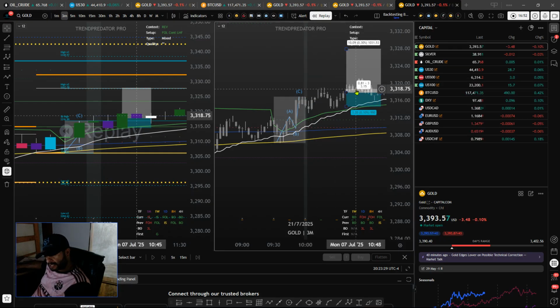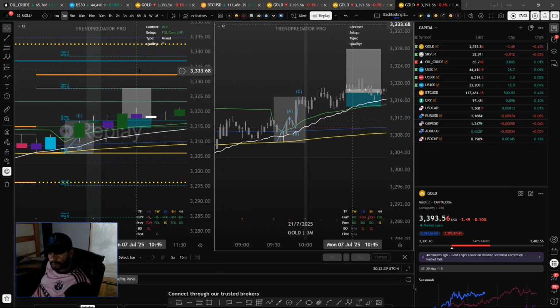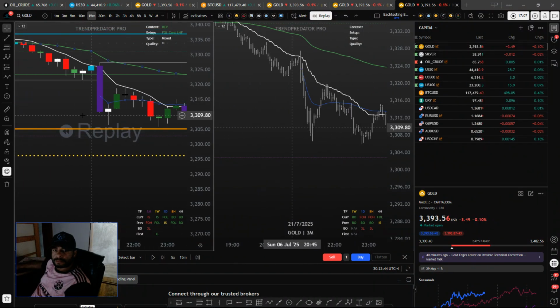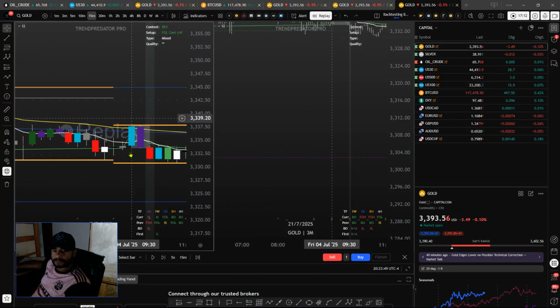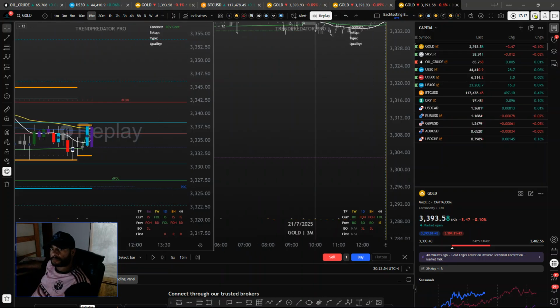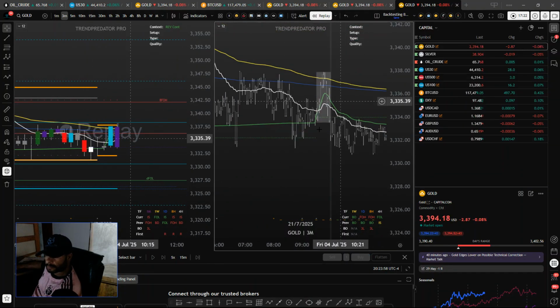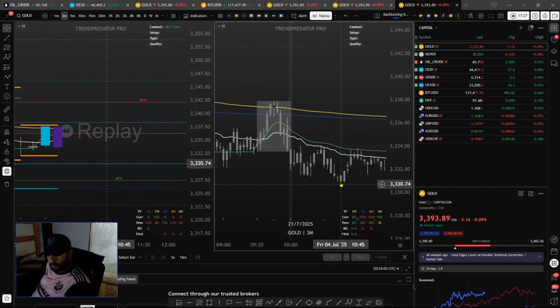Don't really want to be taking stuff over here that's just sideways, but just for the schematic, for the sake of the ABC, that is a bullish box scenario. Nothing there.